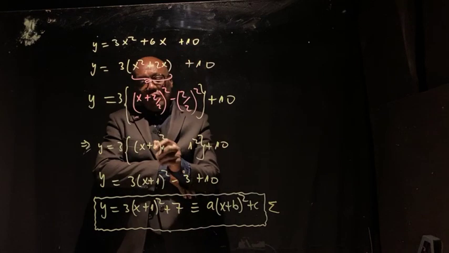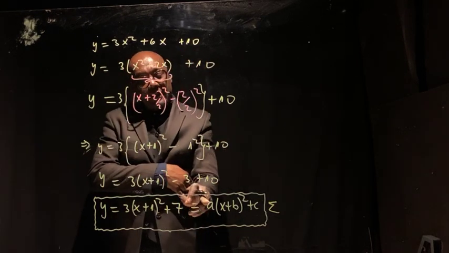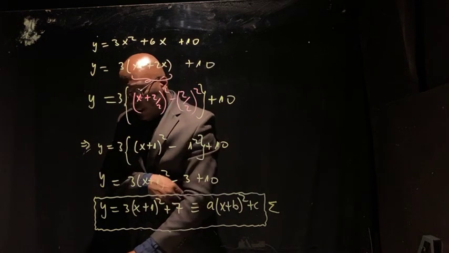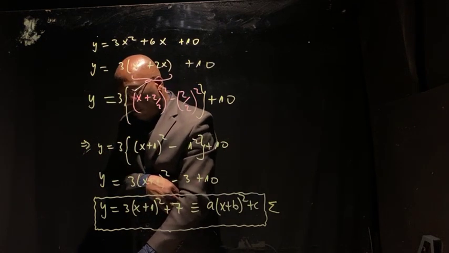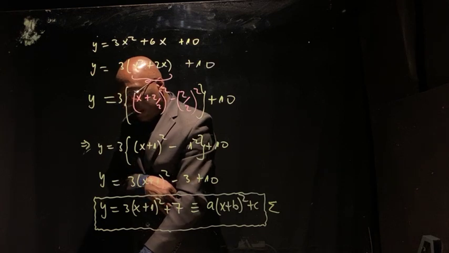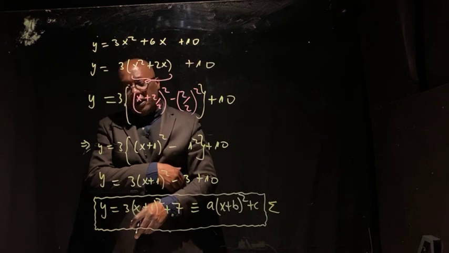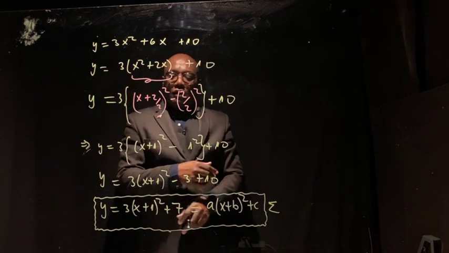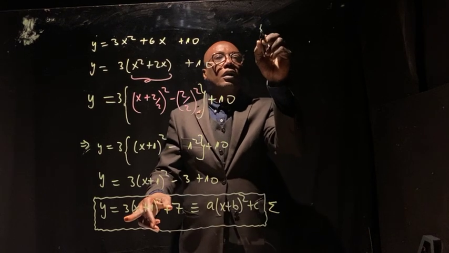Now, from equation sigma, the next part of the question says: hence or otherwise show that the graph of y equals 3x squared plus 6x plus 10 is always above the x-axis. Let's come back to the equation again.